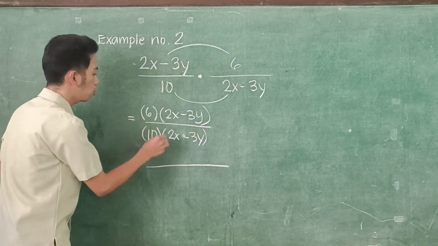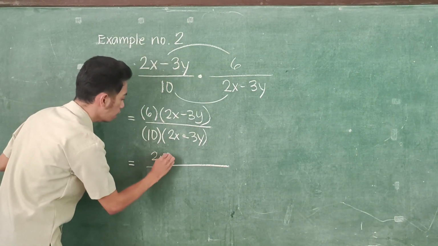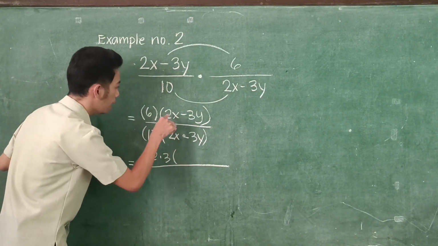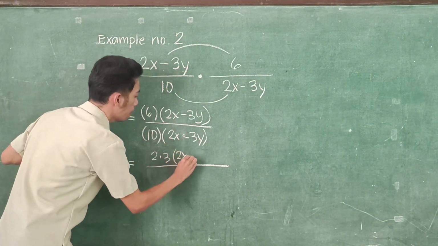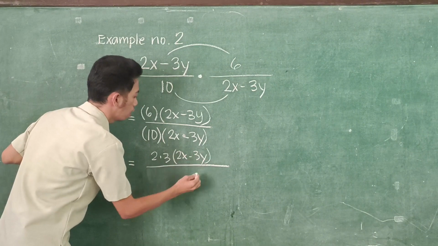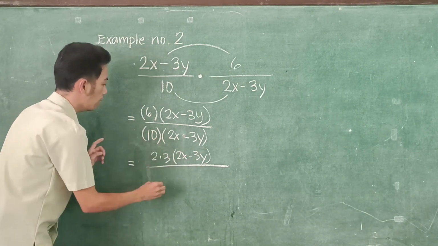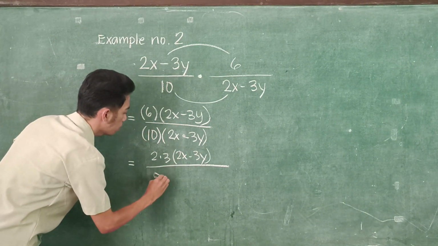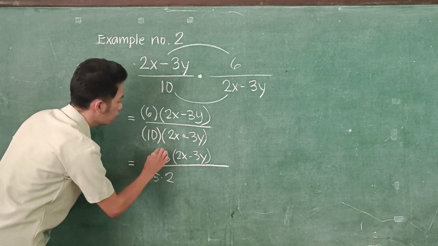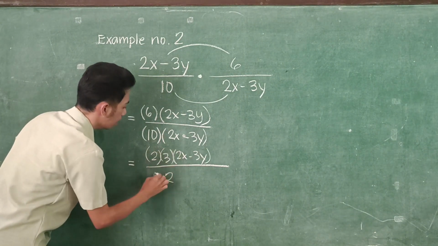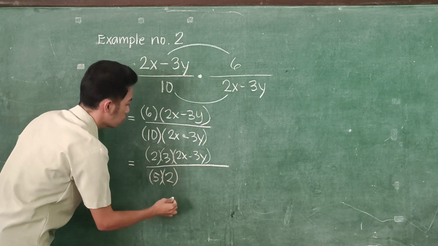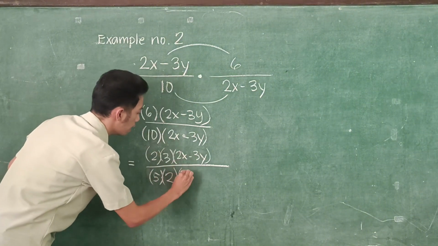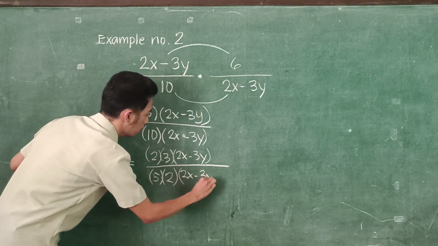So we have here the factor of 6, that is 2 times 3, then multiplied by 2x minus 3y. Over the factor of 10, we have 5 times 2. Or we can use parentheses para pare-parehas. No? 5 times 2, then we need to write 2x minus 3y.